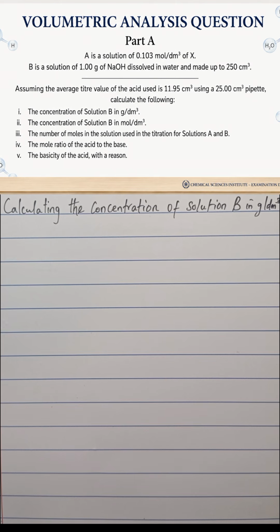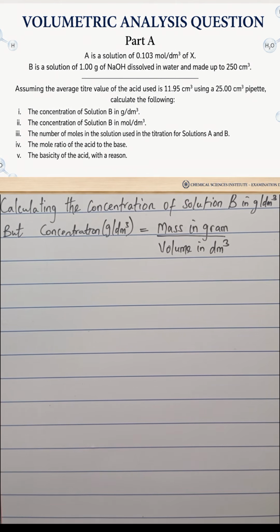So we need to know that concentration is the same thing as mass in gram over volume in dm cube. The value they gave us is 250 centimeter cube. So we need to convert this 250 centimeter cube to decimeter cube by dividing it by 1000.